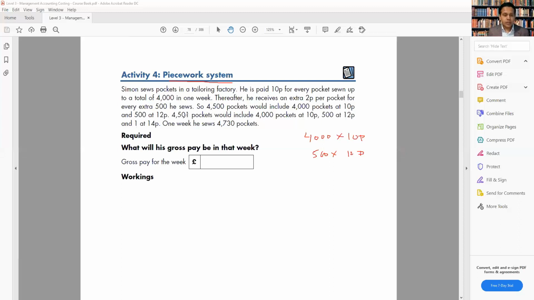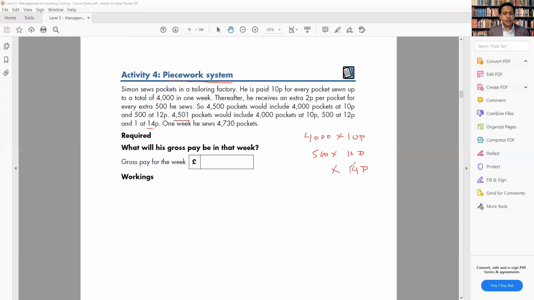Anything after 4,500, that will be 14p, starting from 4,501. So if we can make more than 4,500, that will be 14 pence.